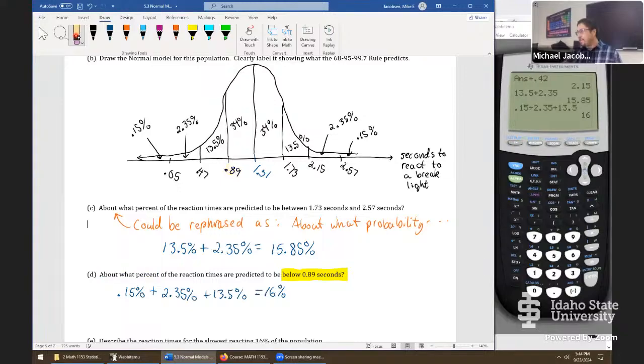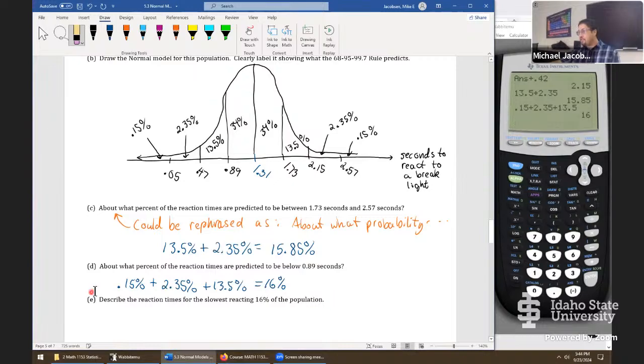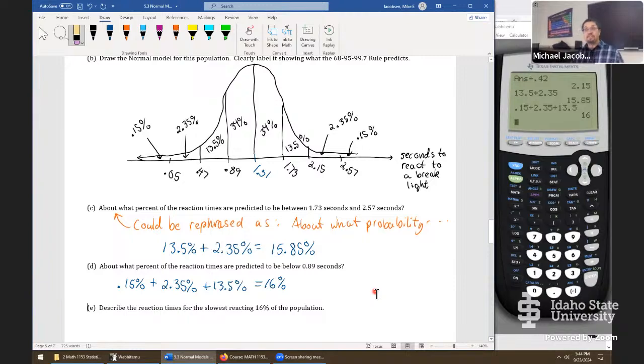Let me just try to reset the highlighting. Move this up so we don't have to scroll too much. And here's our next question. Describe the reaction times for the slowest reacting 16% of the population. Well, that's kind of an interesting question.